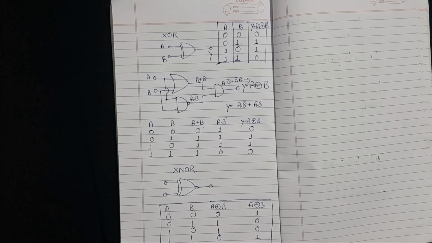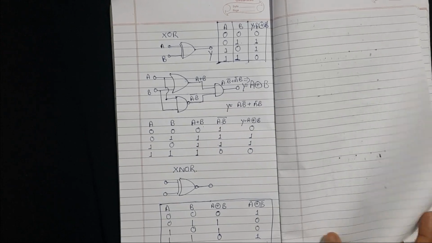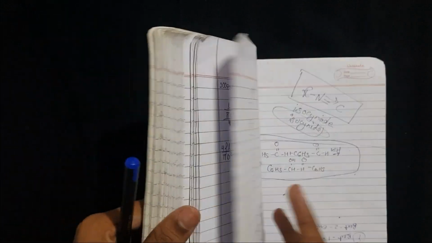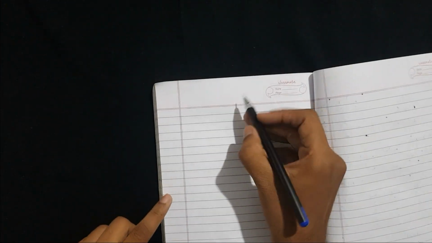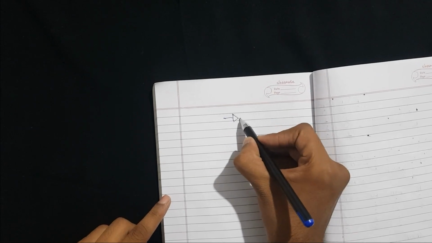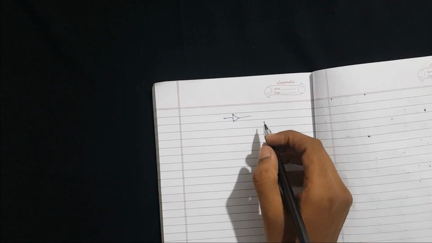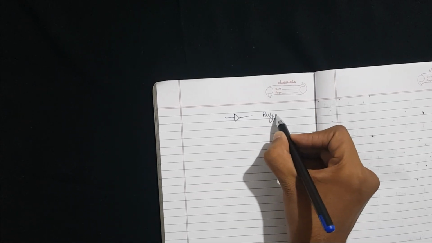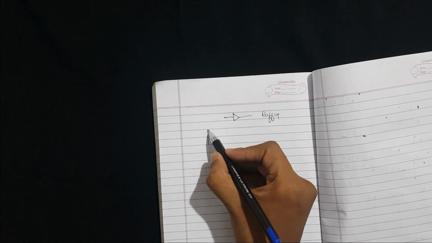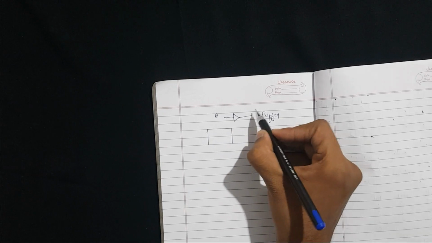Okay, we are done with this. There's one important gate being left, which is the buffer gate. Let me show you the buffer gate. Buffer is a simple gate, one terminal input, one terminal output. Here is the truth table of the buffer.